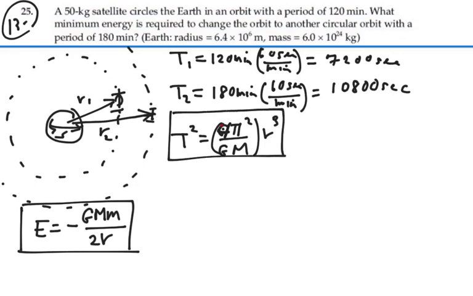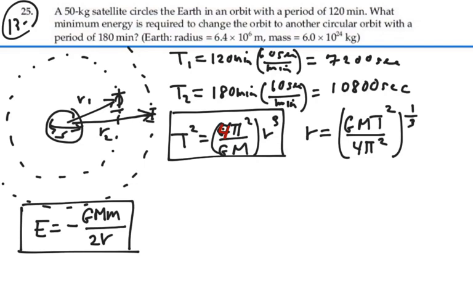If I use this third law to solve for the radius, then the radius is equal to G times mass times the period squared over 4 pi squared, all this to the 1/3 power.